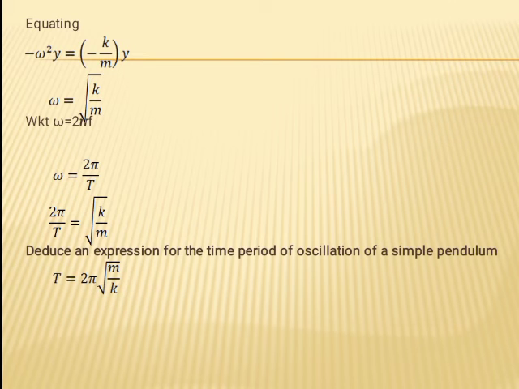It is f is equal to 1 by T. So I am substituting 1 by T in the place of f and I would write omega is equal to 2 pi by T. Now I am substituting this omega's value in this equation, equating both. So what would I get? I would get 2 pi by T is equal to root k by m.